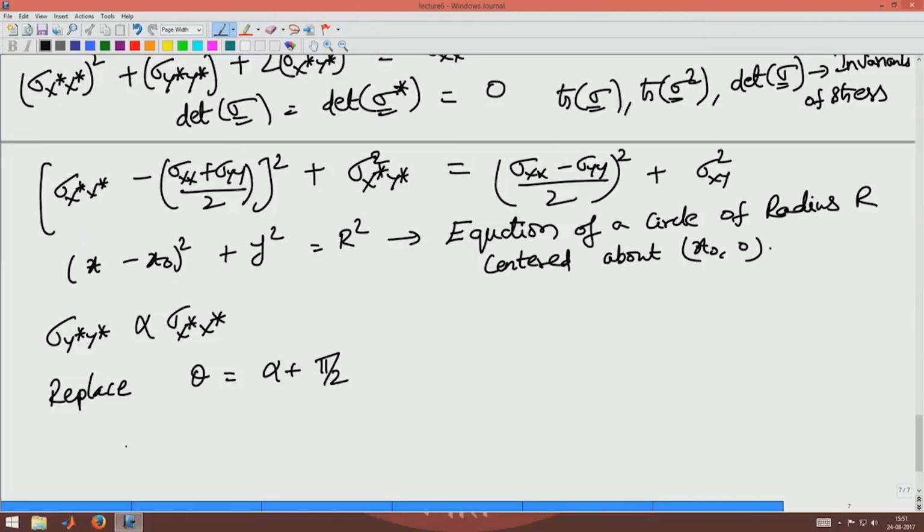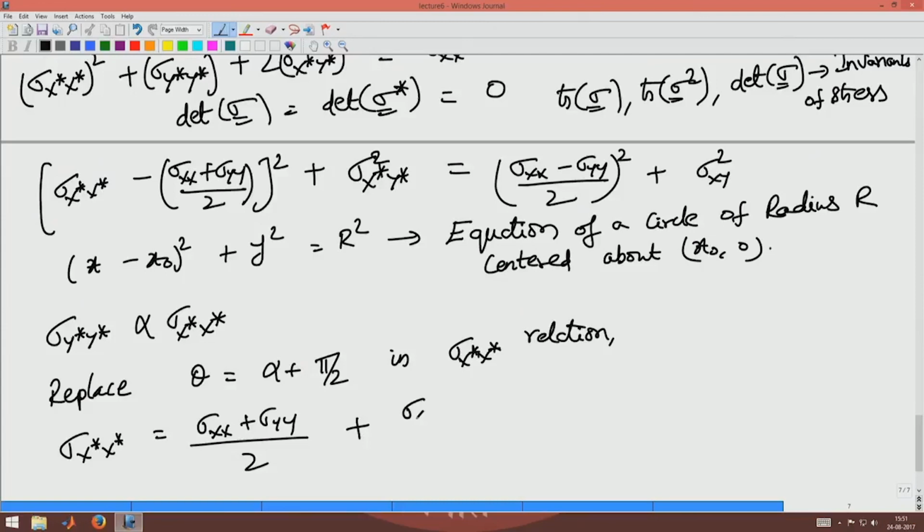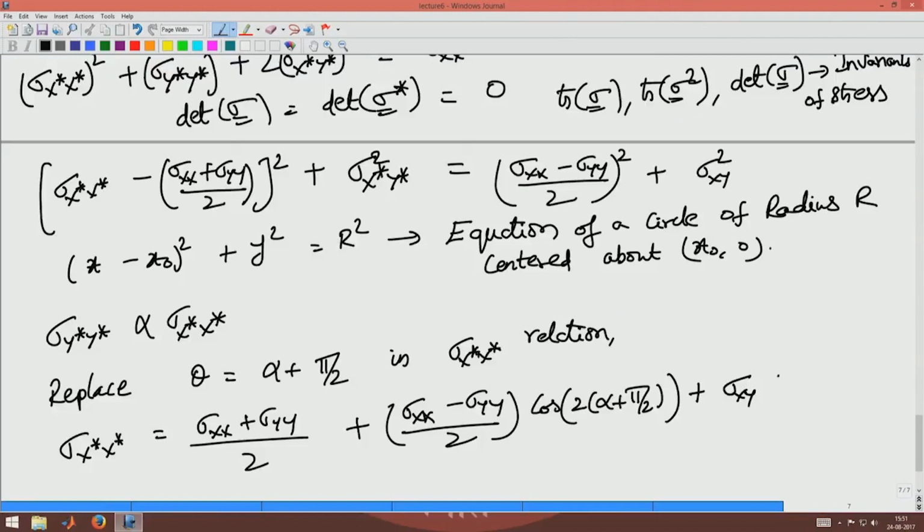Now what happens in the sigma x star relation? I will get sigma x star as sigma xx plus sigma yy by 2, plus sigma xx minus sigma yy by 2 into cosine of 2 times alpha plus pi by 2, plus sigma xy sine of 2 times alpha plus pi by 2.